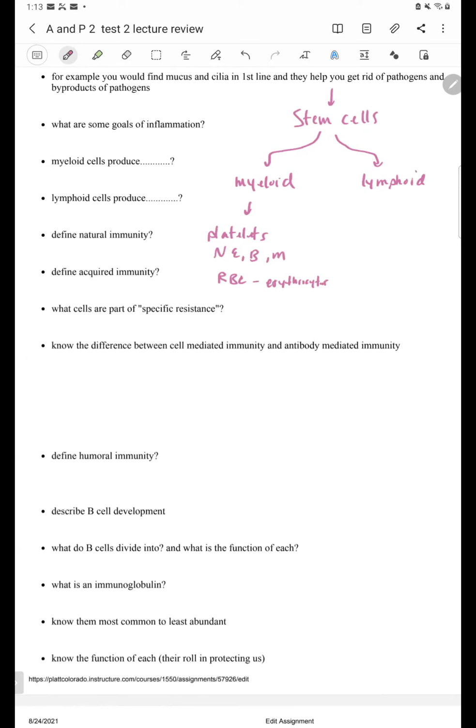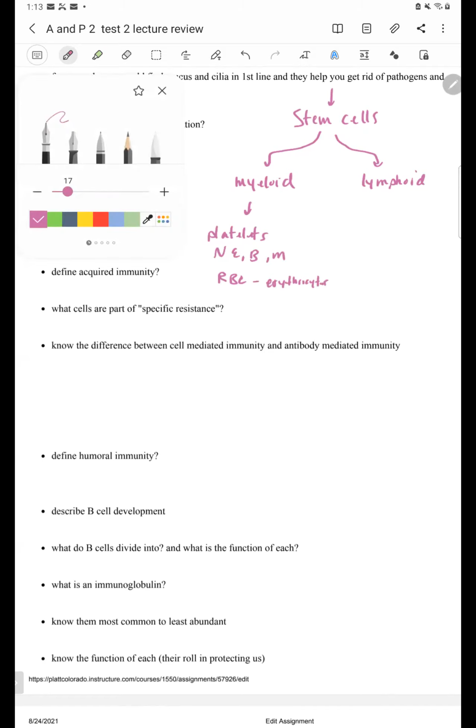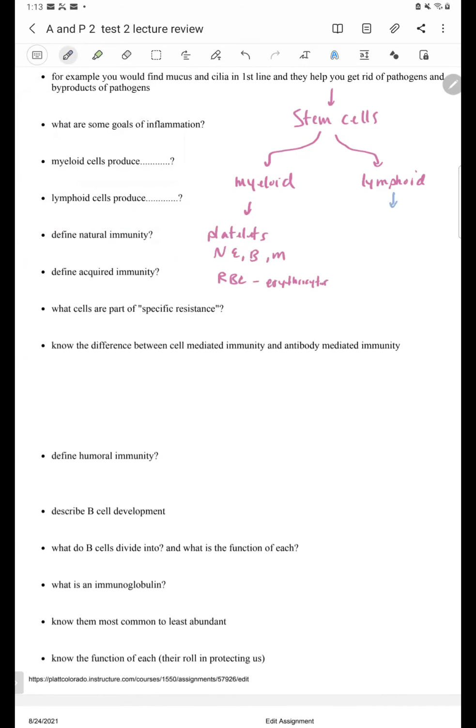And then the lymphoid, they'll produce the T cells, the B cells, natural killer cells, and a derivative of the B cells is the plasma cells.